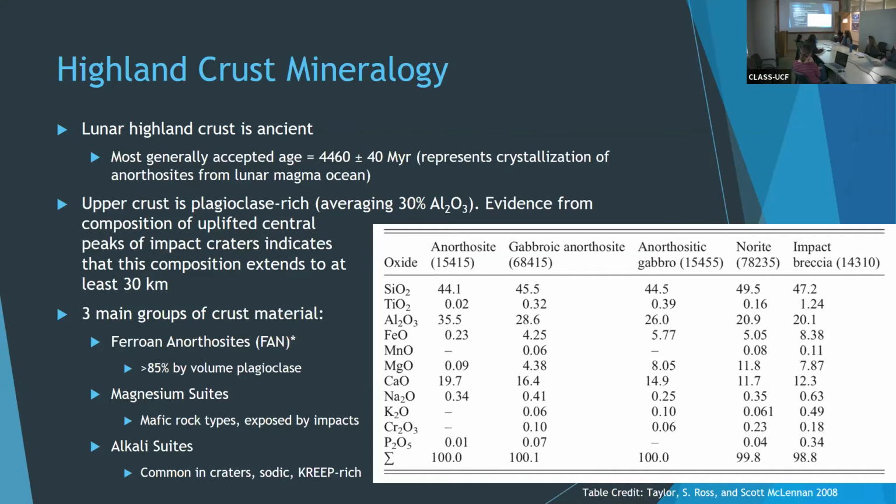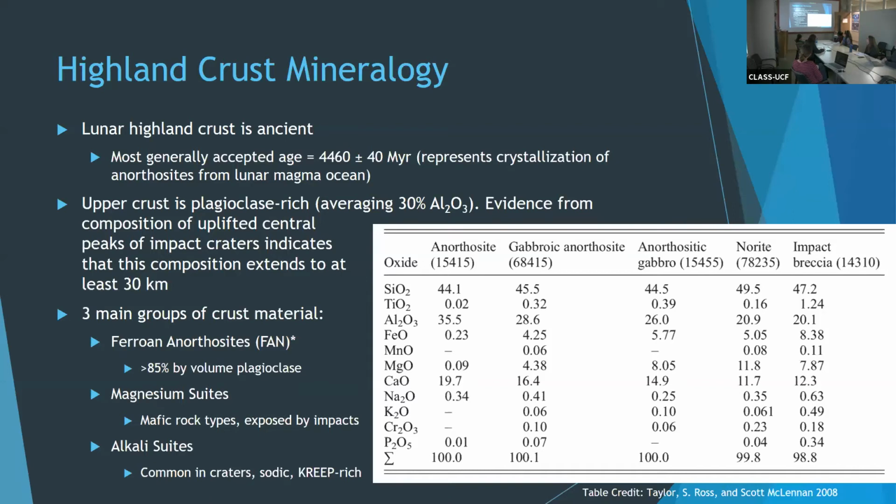The second main suite is the magnesium suite. So these, the magnesium suite and the alkali suite, occur in a lot lower percentage of the lunar crust than those FANs. The magnesium suite contains a lot more diverse groups of rocks that are all really mafic. So they have the higher magnesium percentage, higher magnesium number, rich in pyroxene and olivine.